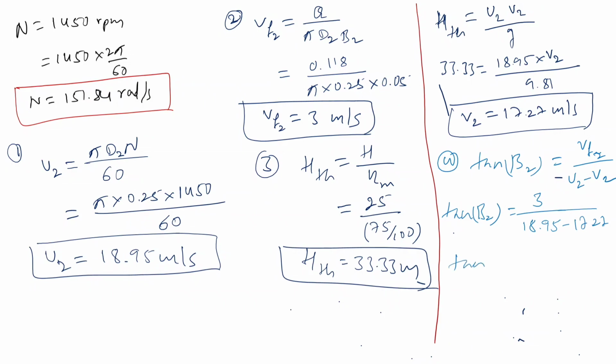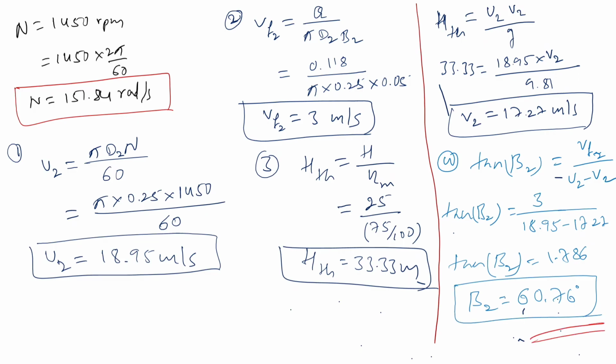After solving, we will get tan beta is equal to 1.786. The angle beta equals tan inverse of 1.786, that is equal to 60.76 degrees. That's it. If you solve this much, you will get full marks.